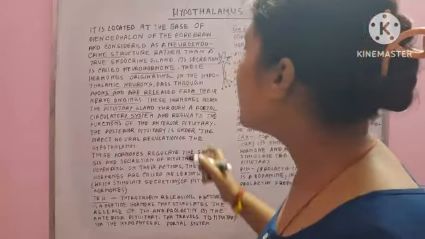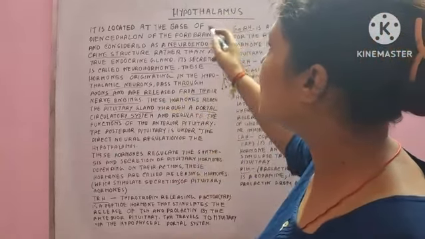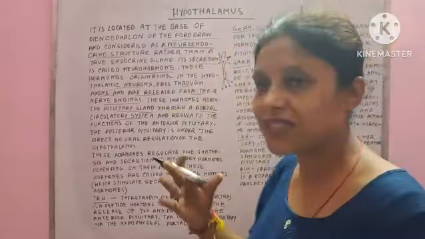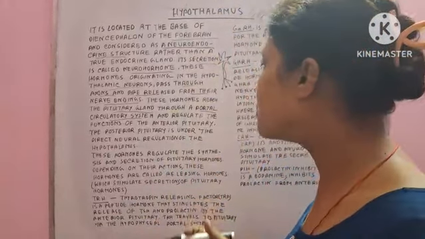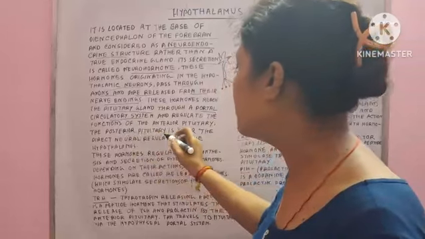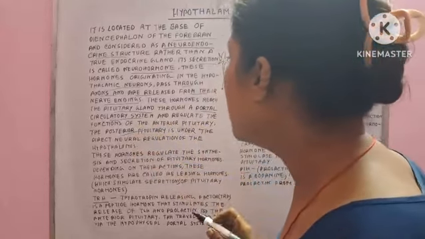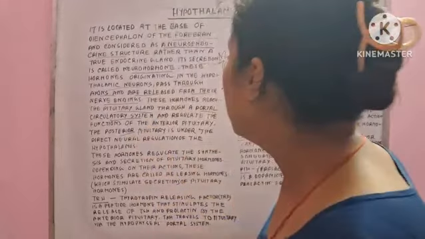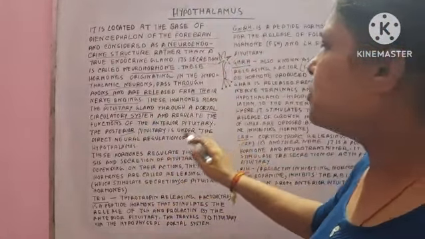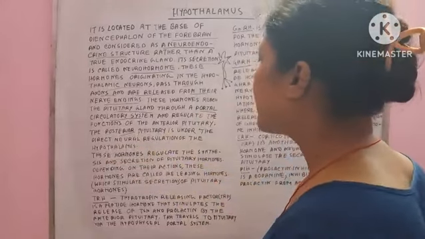The role of the hypothalamic secretion is to control the secretion of the anterior and posterior pituitary hormones, that is, the function of the anterior and posterior pituitary.